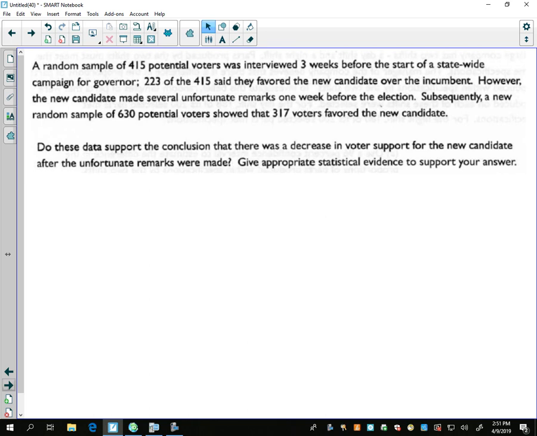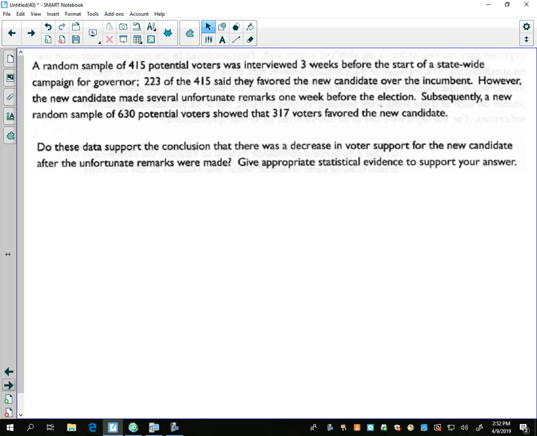Subsequently, a new random sample of 630 potential voters showed that 317 favored the new candidate. Do these data support the conclusion that there was a decrease in voter support for the new candidate after the unfortunate remarks were made? Okay, so it says give appropriate statistical evidence to support your answer.